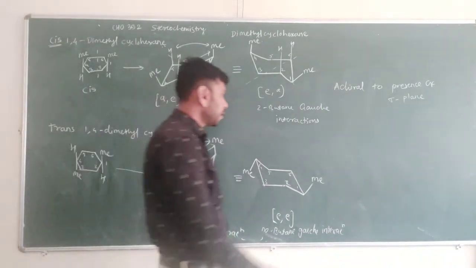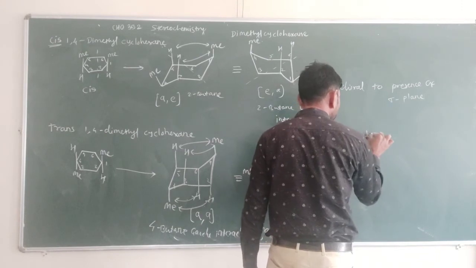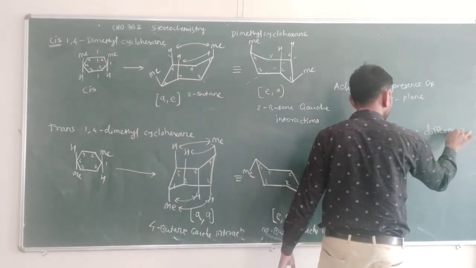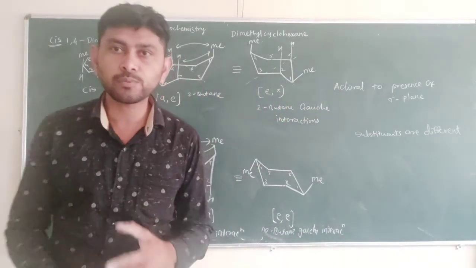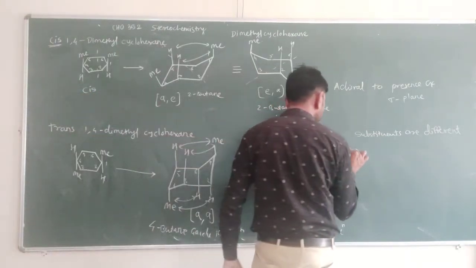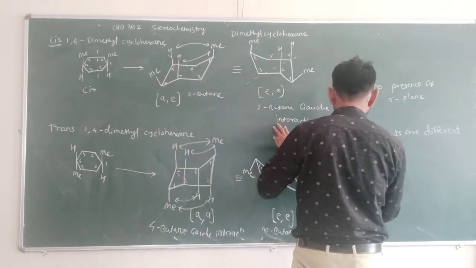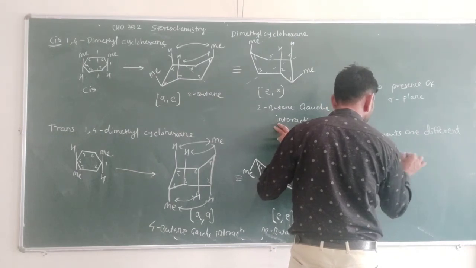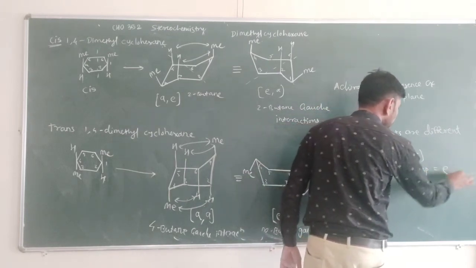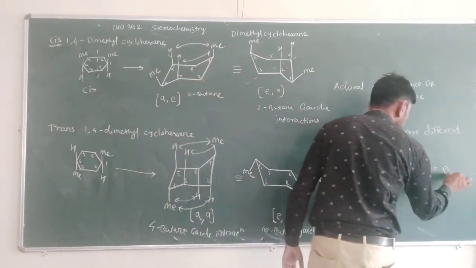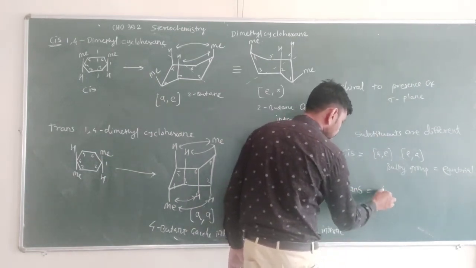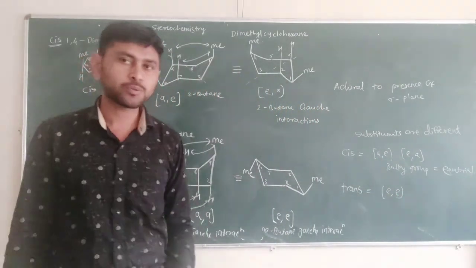The diequatorial form is more stable. And when the substituents are different, here we have taken both methyl groups, but if we change the substituent, then the cis isomer contains the most stable form axial-equatorial or equatorial-axial, in which the bulky group goes to the equatorial position, and in the trans isomer we obtain the most stable form diequatorial when the two substituents are different.